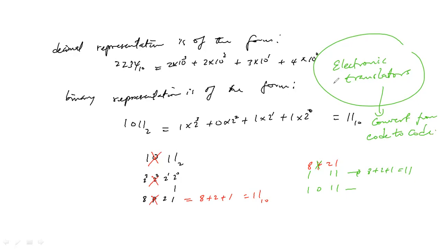They are usually called encoders and decoders, okay? We call them encoders and decoders. And the types of binary codes are the weighted binary codes and then the non-weighted binary codes.